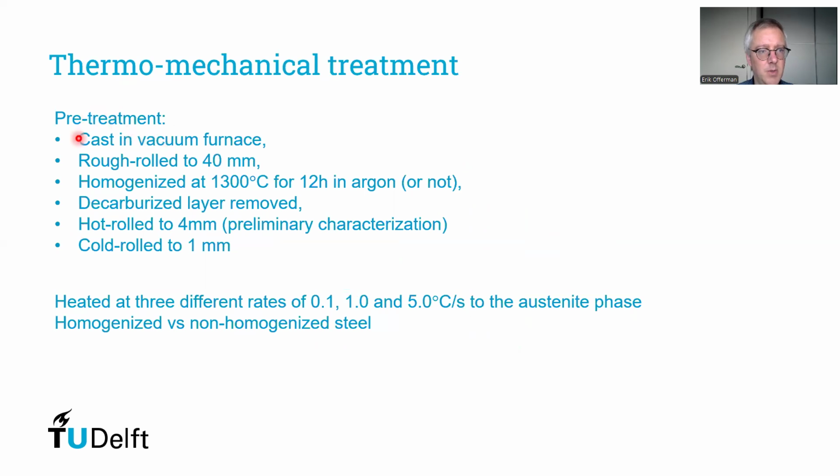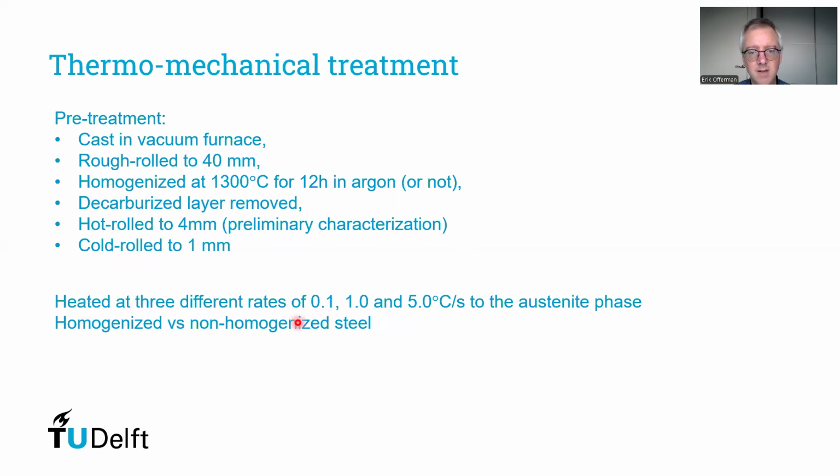The thermo-mechanical treatment was casting in a vacuum furnace, rough rolling to 40 millimeters, homogenization for 12 hours in argon, or not, to compare between homogenized and non-homogenized, removing the decarbonized layer, and hot rolling to 4 millimeter, then primary characterization, and then cold rolling to 1 millimeter.